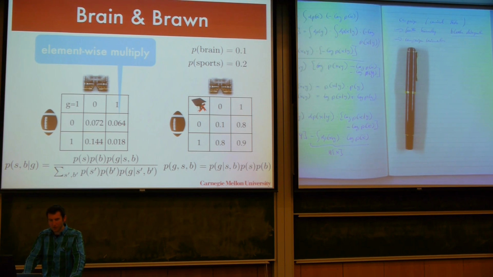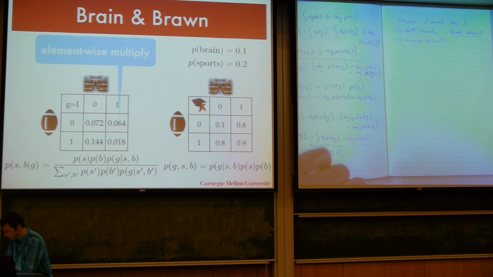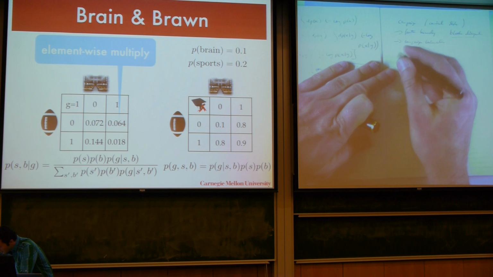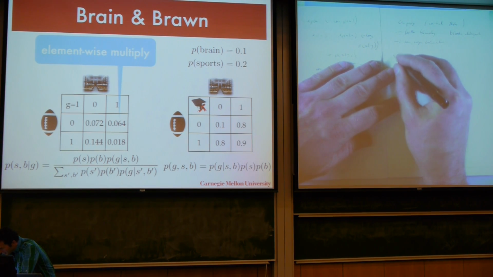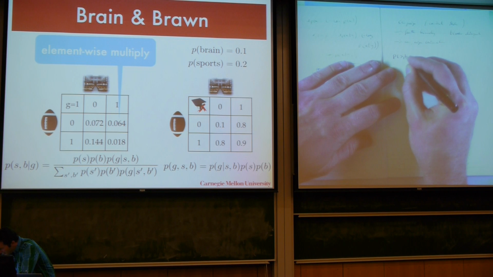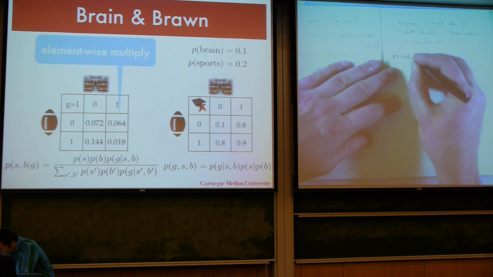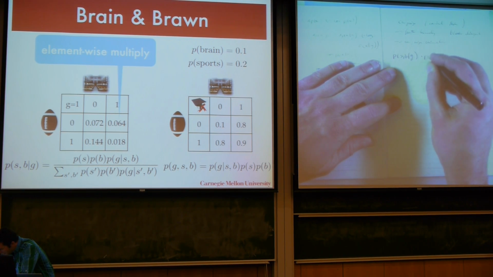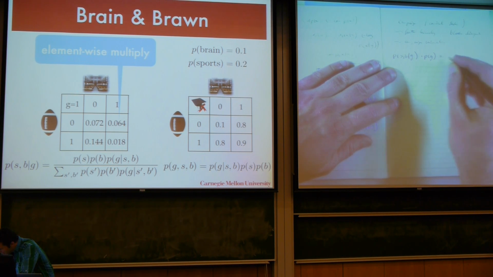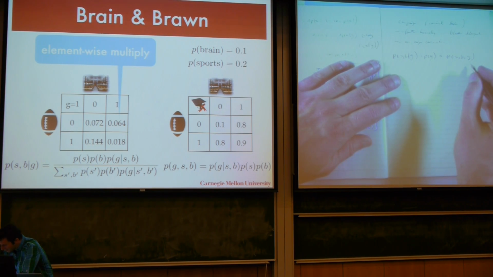then what I need to do is take all those numbers and divide them by the sum of it, right? That's just Bayes' rule. If you think about it, we have P of S and B conditioned on G times P of G is P of S, B, and G. Right? That's Bayes' rule.